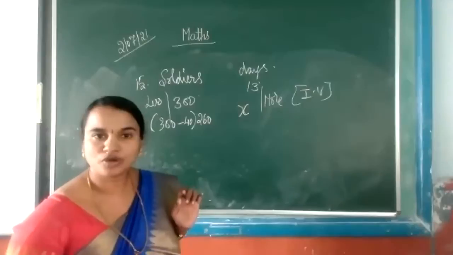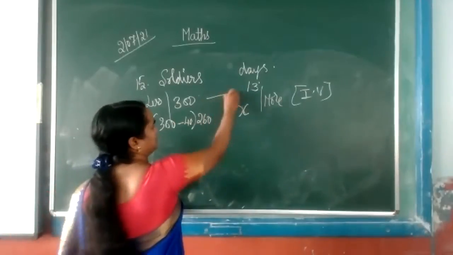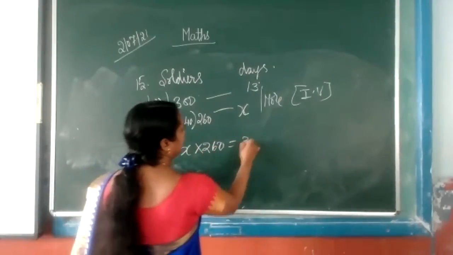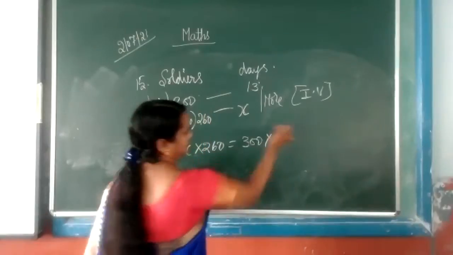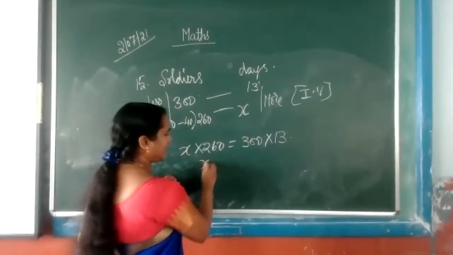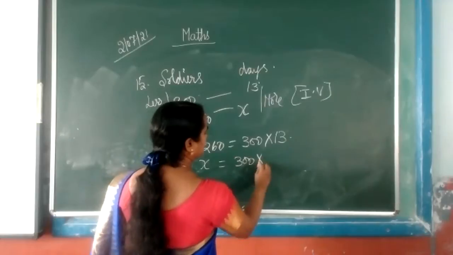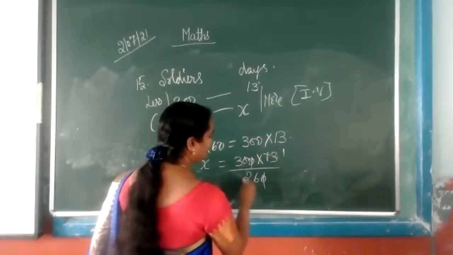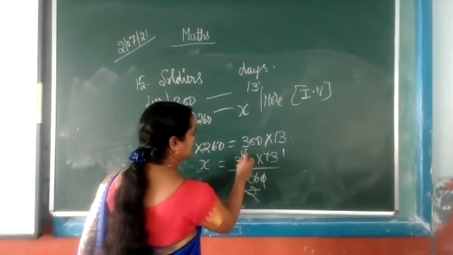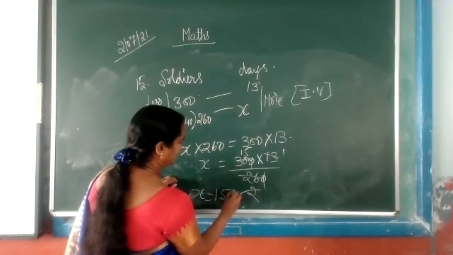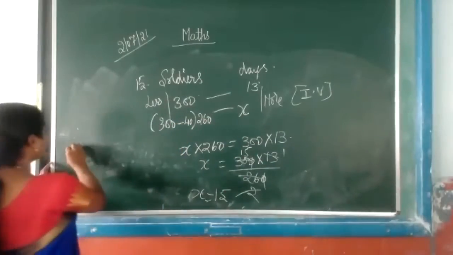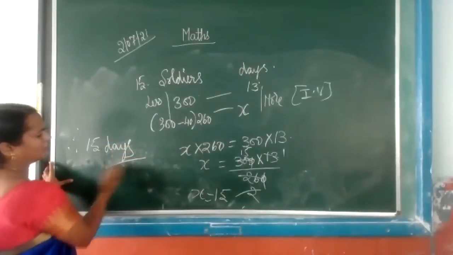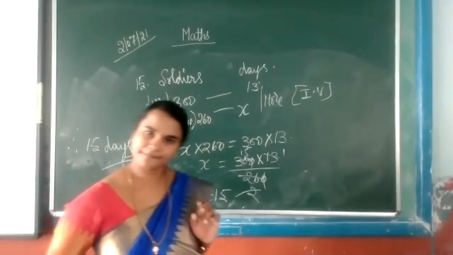For indirect variables, we do direct multiplication: 300 into 13, so x is equal to 300 into 13 upon 260. 0 cancel. 13 ones are 13, 13 twos are 26, 15s are. That means x is equal to 15 days. Therefore, the provisions will last 15 days.